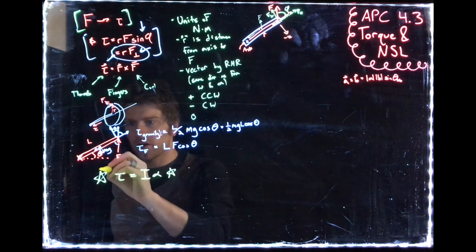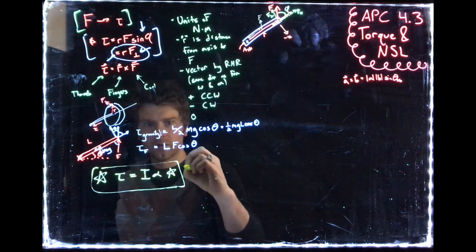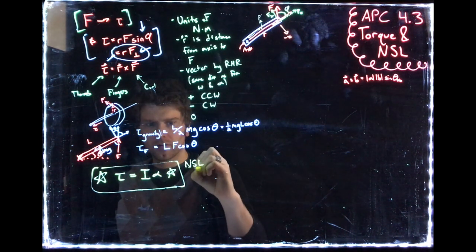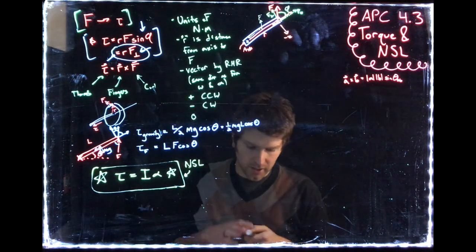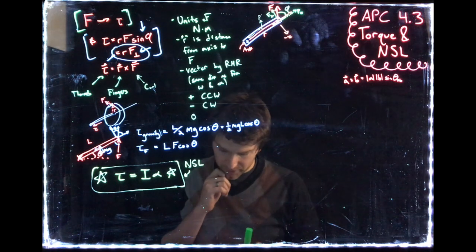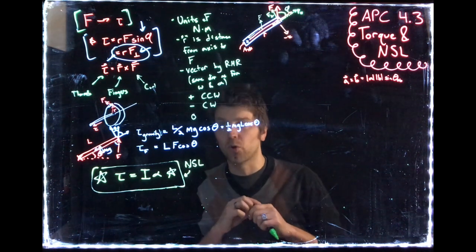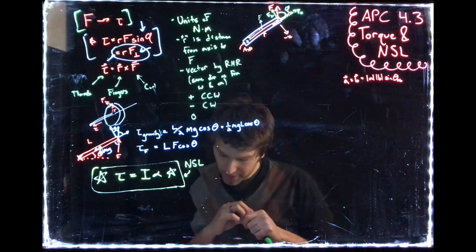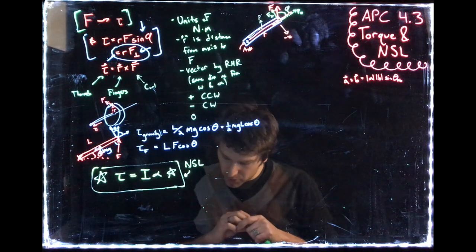And this is Newton's second law for rotation. Torques, what do torques do? They cause angular acceleration. Torque equals I alpha. So this is a very important equation, just like F equals ma is. And so we're going to use it a whole bunch.